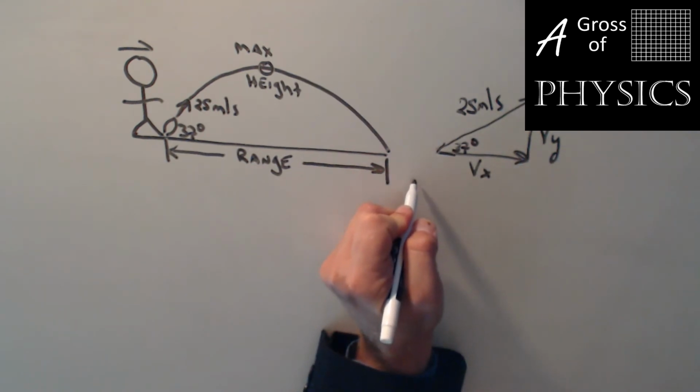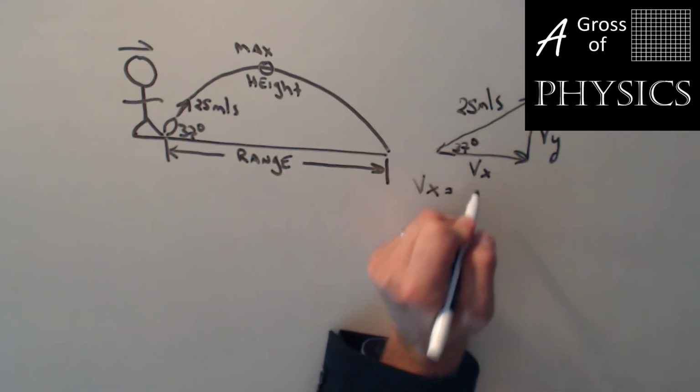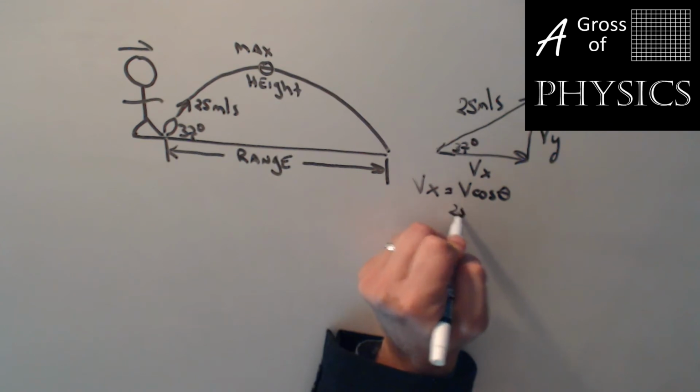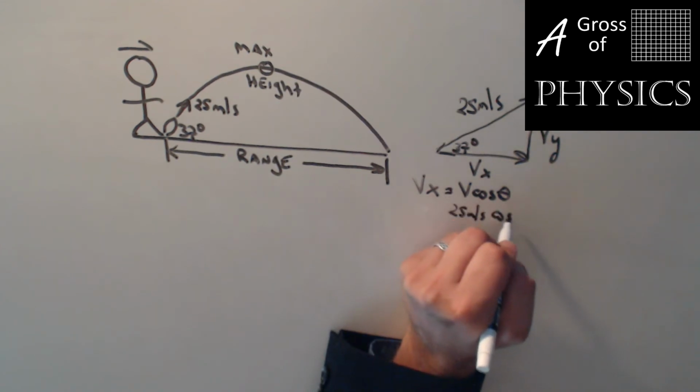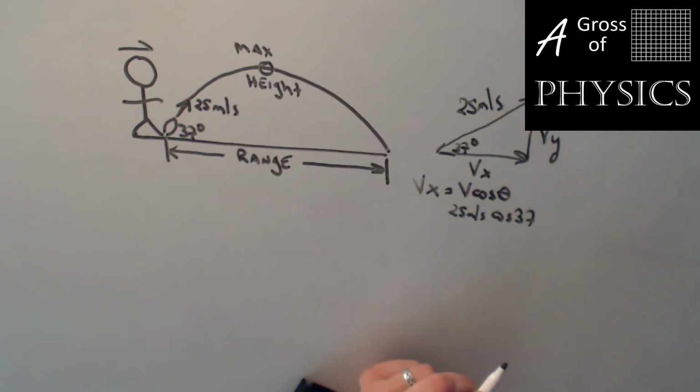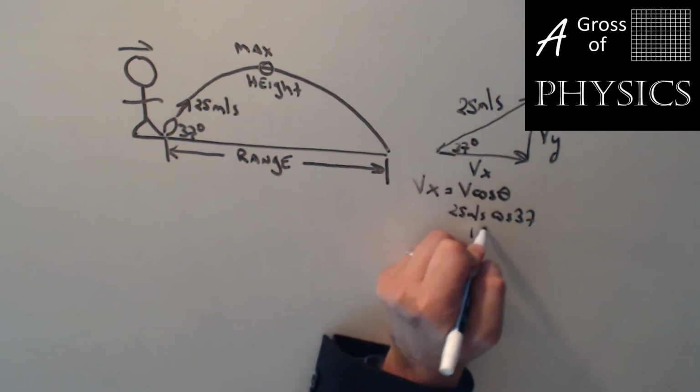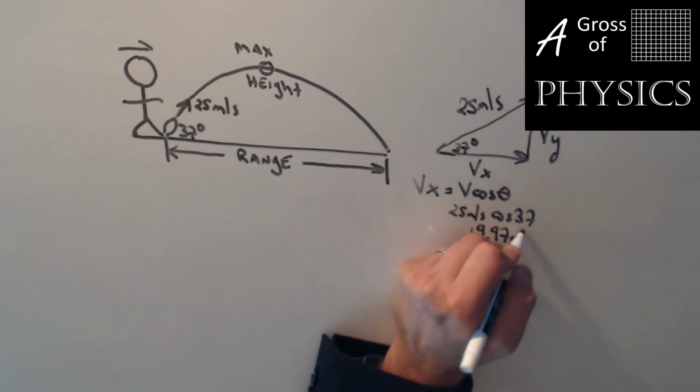So the equation becomes Vx equals V cos theta, so 25 meters per second cos 37. Using the calculator, 25 times cosine 37 equals 19.97 meters per second.